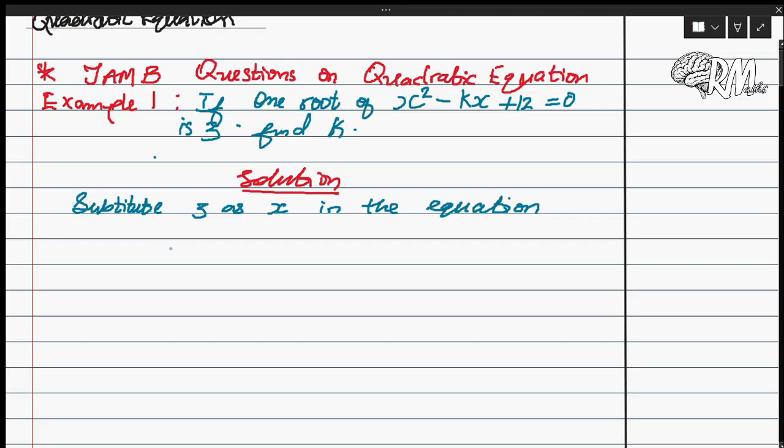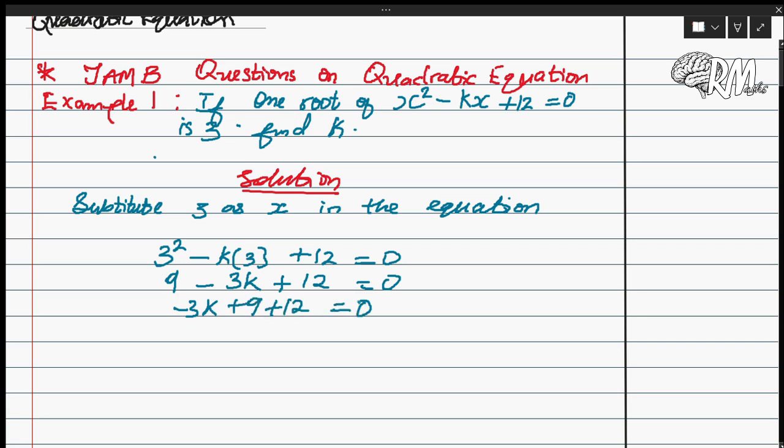So then I have 3 squared minus k times 3 plus 12 equals 0. Then 3 squared is what? 9. Minus k times 3 is what? Is 3k. Then plus 12 equals 0. So if I rewrite this question, I have minus 3k plus 9 plus 12 equals 0.